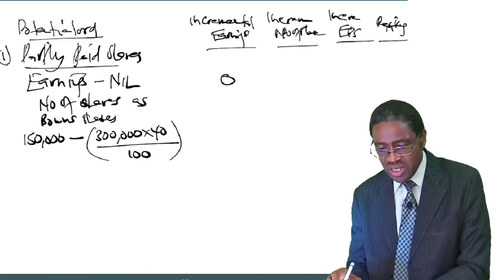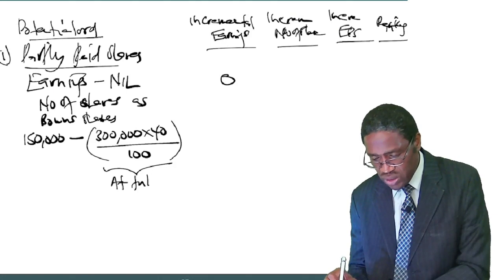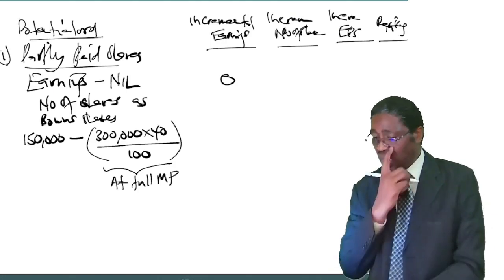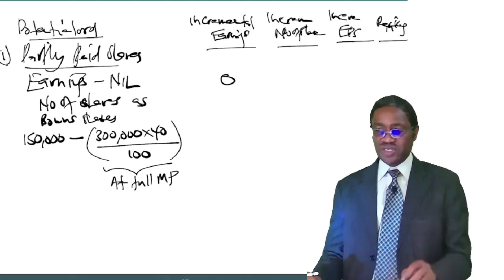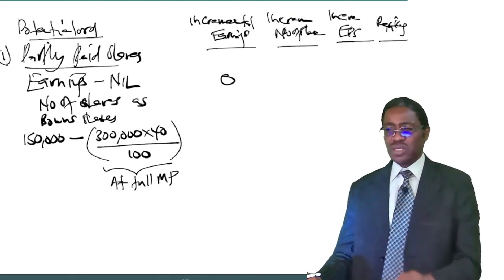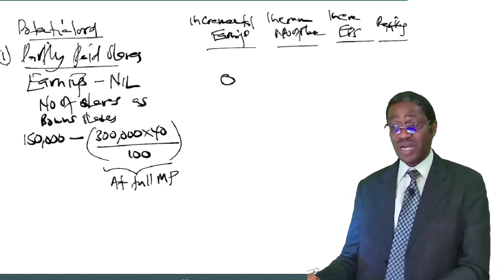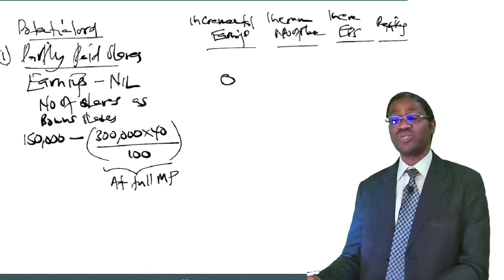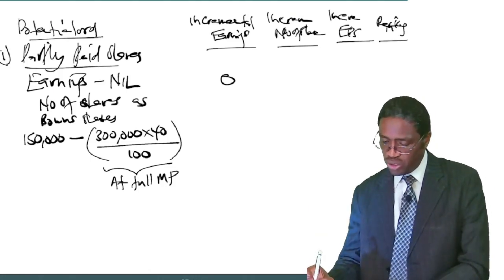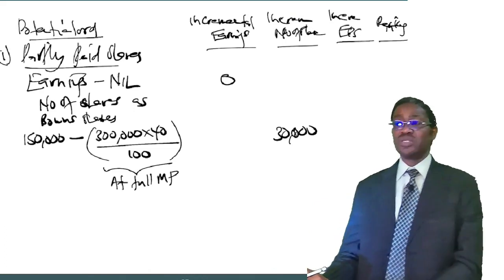Then this which is in bracket here is what I am calling at full market price. I hope you are following. So out of 150, 120 are going to be given at full market price. So it leaves me with a balance of how much? Of 30 to be considered as bonus. So put that under incremental number of shares, 30.